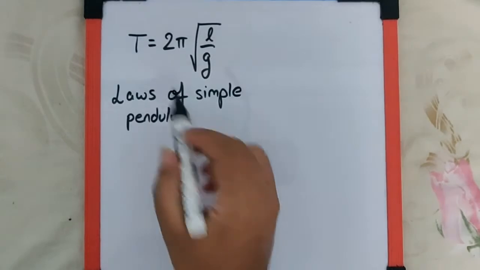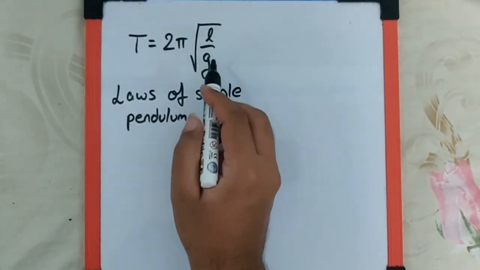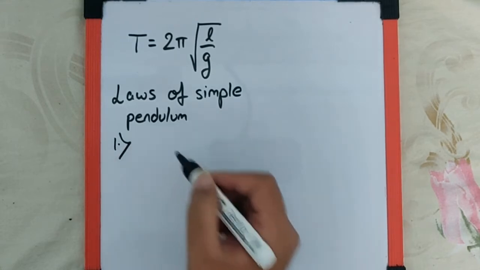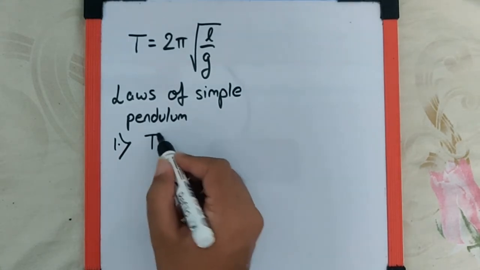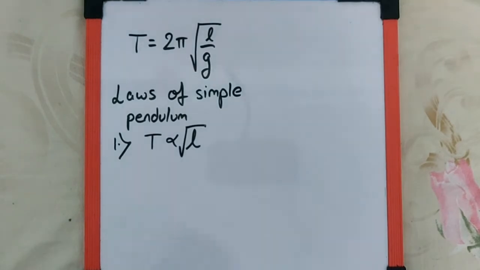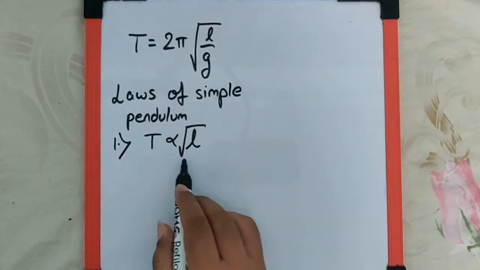Since we now have the expression T equal to 2 pi root of L by g, there are laws of the simple pendulum. The first law is the law of length, which says T is directly proportional to root of L, provided the acceleration due to gravity is constant at a given point. This is called the law of length.